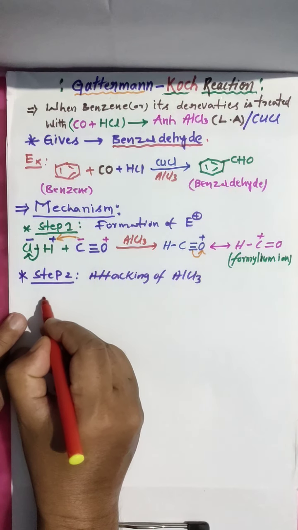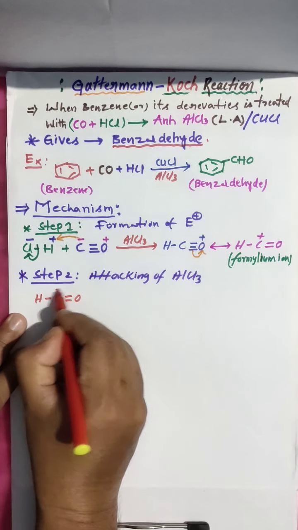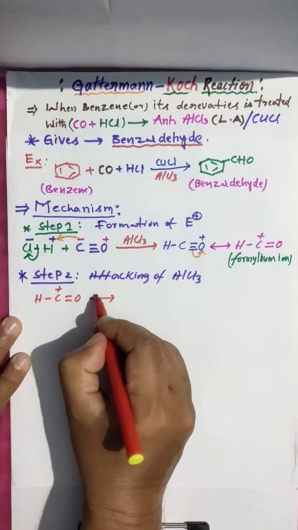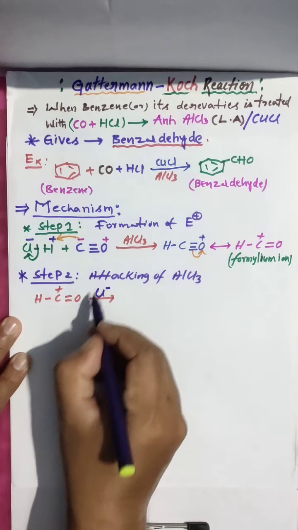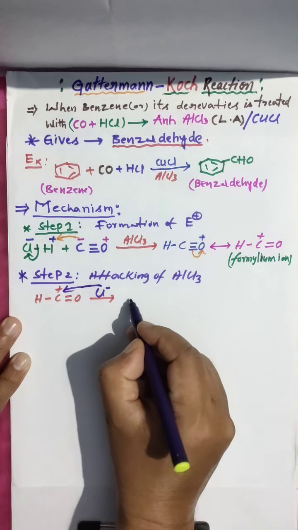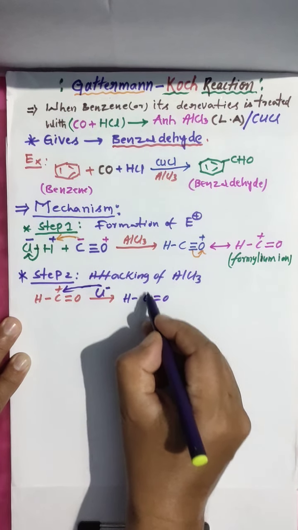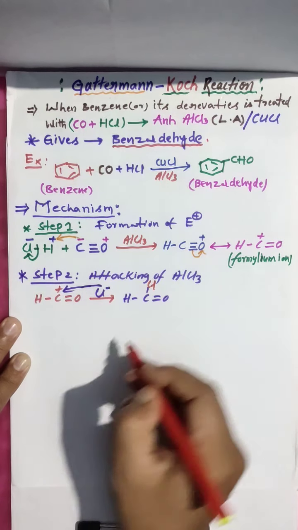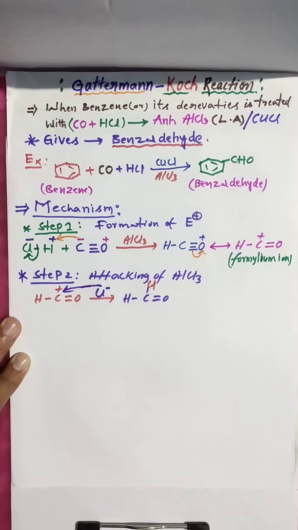This you have to take, H C double bond O plus, and already Cl minus was eliminated. This Cl minus will attack here, giving rise to H C double bond O Cl. This we are calling formyl chloride.